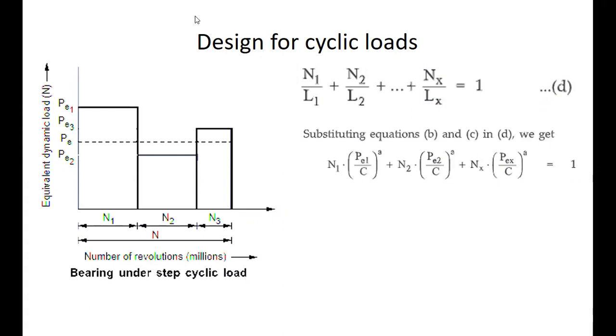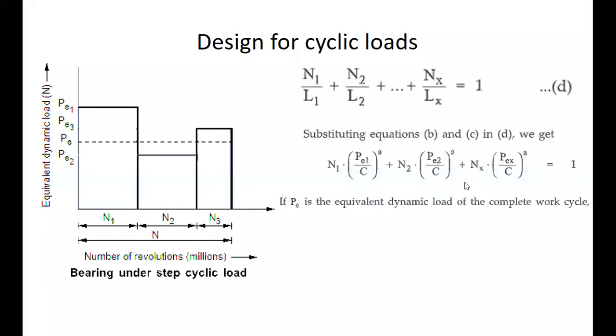So whatever values we had derived, for example N1 upon L1 was N1 (PE1 upon C) raised to a, N2 upon L2 was equal to this, and the same way Nx upon Lx was equal to this, we will substitute these values over here, and I'll get this equation.